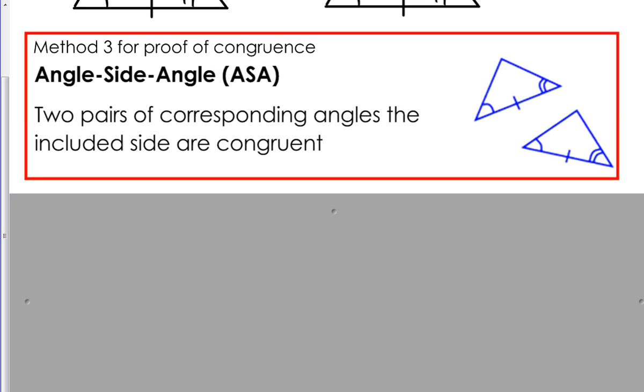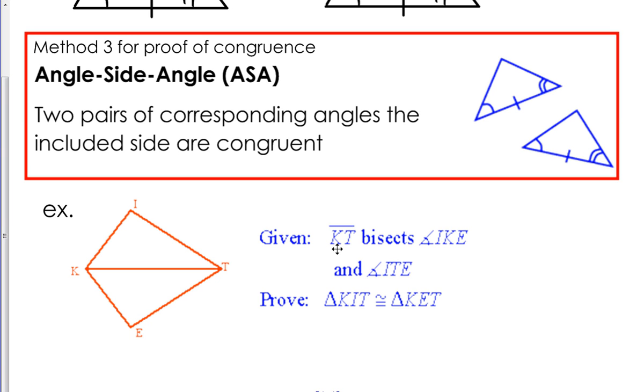Okay, let's take a look at this proof. It says, given KT bisects angle IKE and angle ITE. In other words, line segment KT, this guy right over here, bisects this angle over here, IKE.